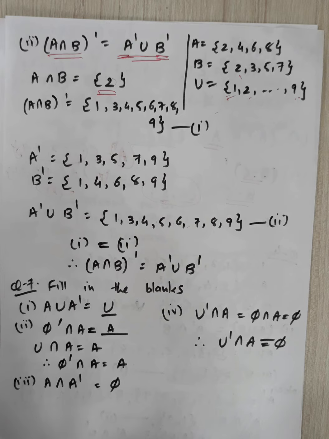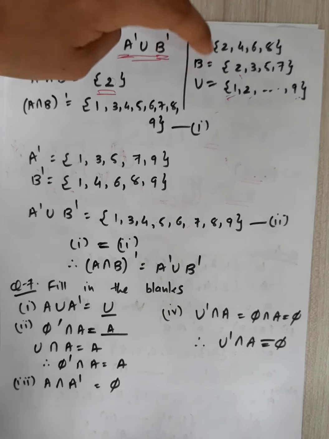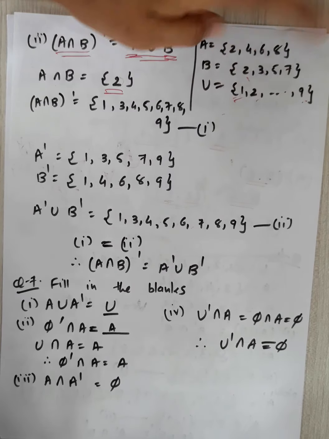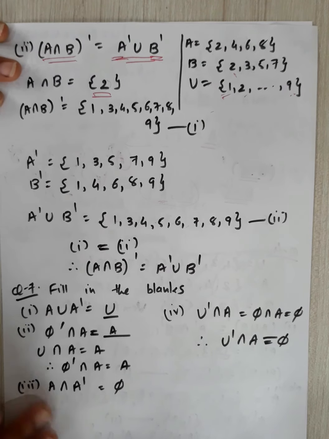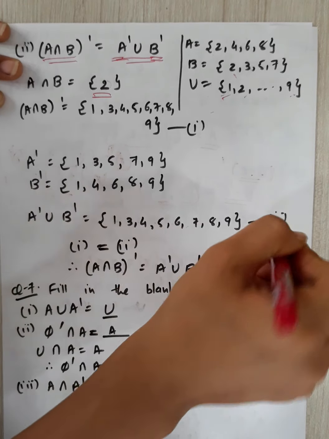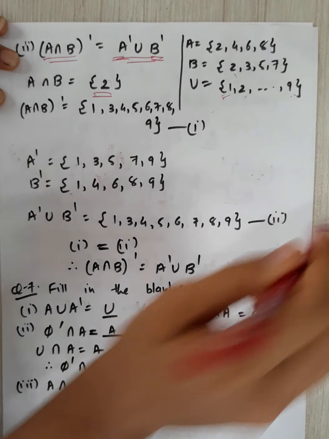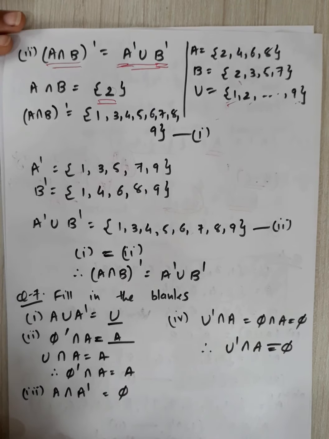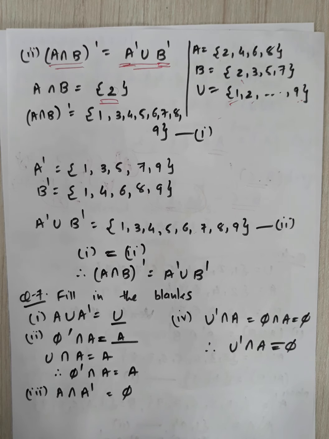Now the union of it is 1 3 4 5 6 7 8 9. So LHS is equal to RHS.